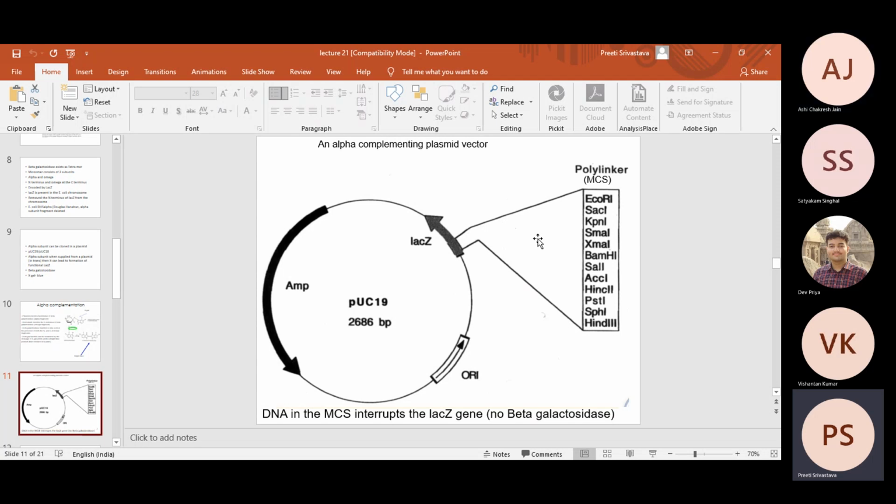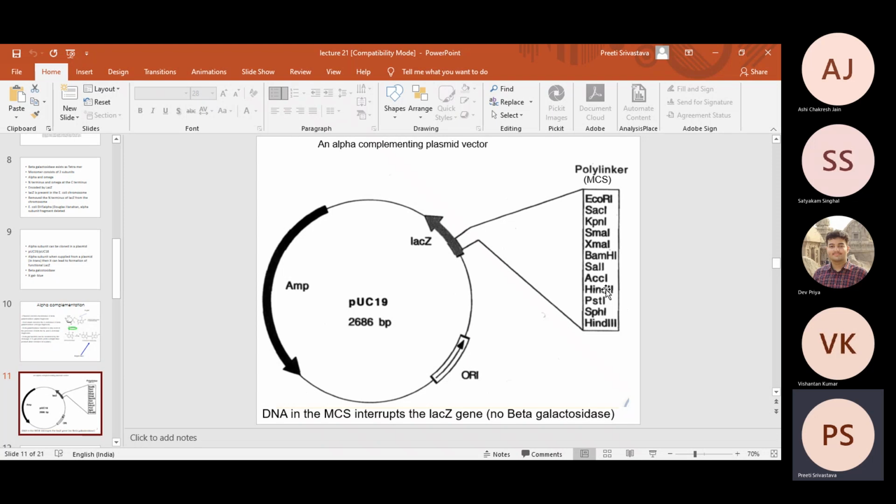Yes. So this was the last part that I was telling you yesterday. This colony, where the lacZ alpha of pUC19 is disrupted because of the cloning of the desired gene or genomic DNA fragment at EcoRI or any of the multiple cloning sites, will not turn X-gal into a blue colored product, right?